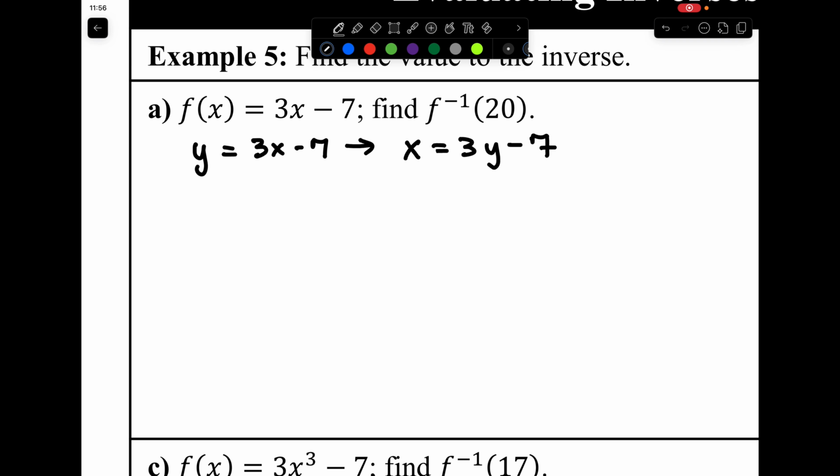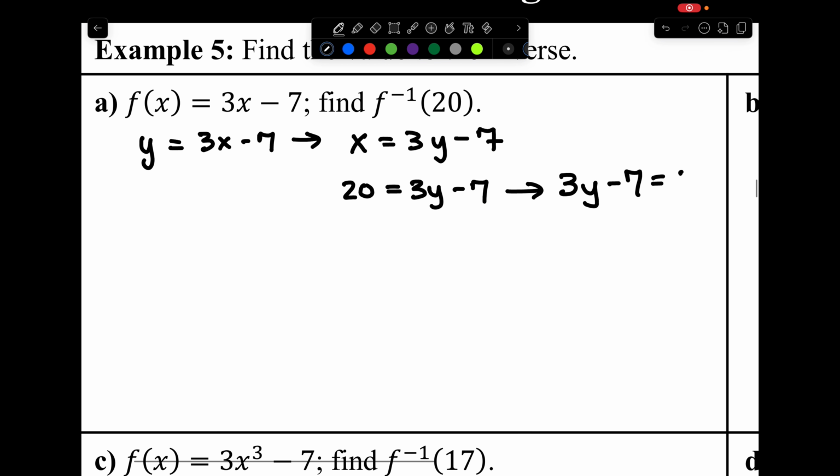And since the objective here is to plug in 20 into the inverse, so here's my inverse, plugging in 20 in here will give us the equation 20 equals 3y minus 7, which is the same thing as 3y minus 7 equals 20.